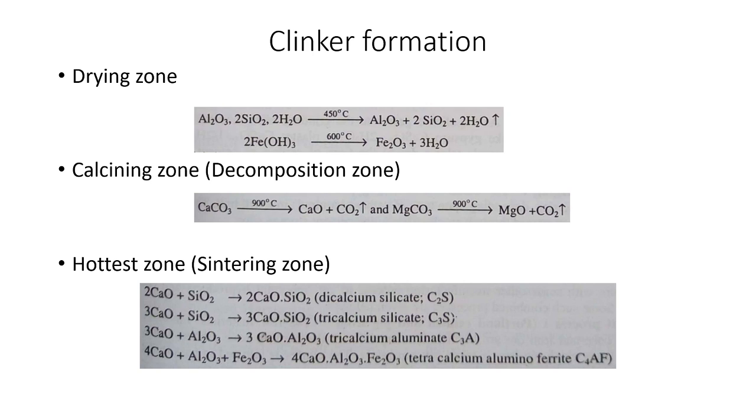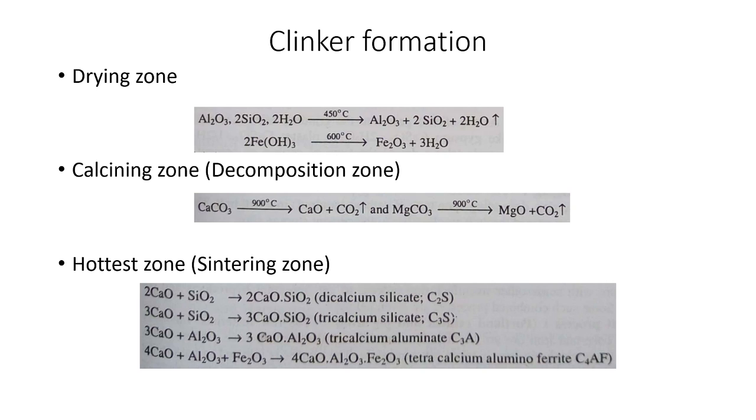Due to these combustible and volatile products, about one third of the original weight of the dry mixture is lost in the burning process. Obviously water is lost, carbon dioxide is lost, so one third of the weight gets lost in this heating process.